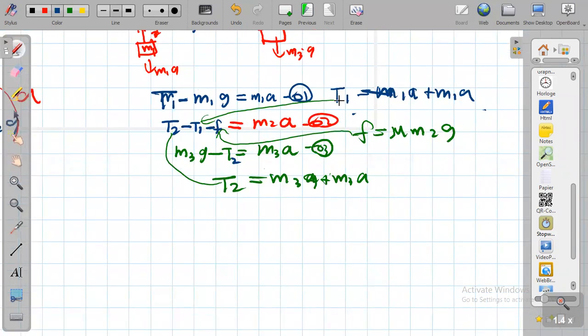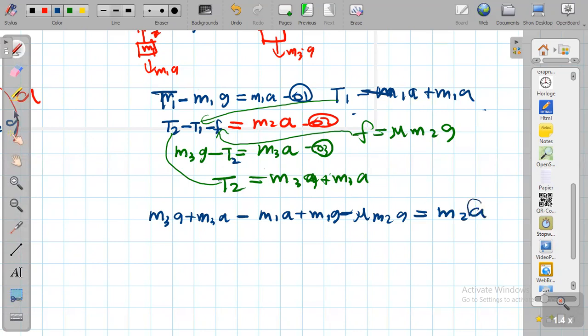Okay. What is T1 here? For T2, I will add this result M3G plus M3A, minus T1, which is M1A plus M1G, and the friction, mu M2G, equals M2A.